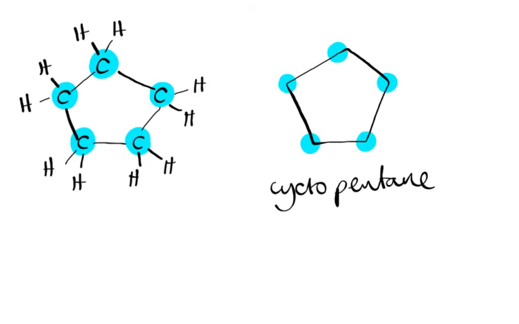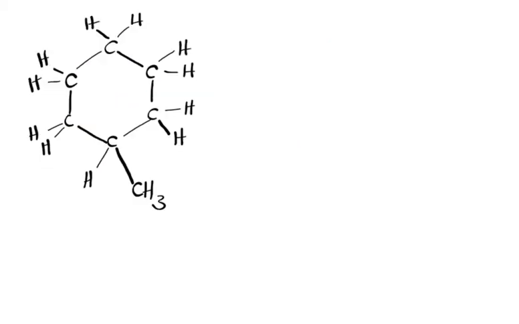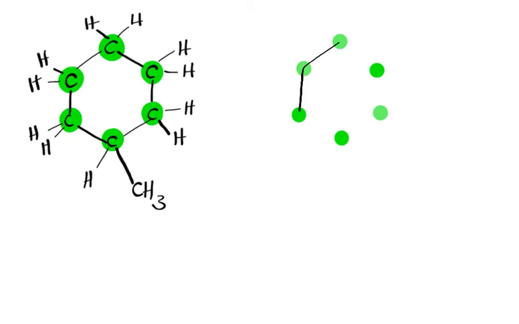Here's another example. This time the ring is of 6. So drawing skeletally, we would just see a hexagon, but in this case we also have a methyl group, which we can put anywhere on the ring.